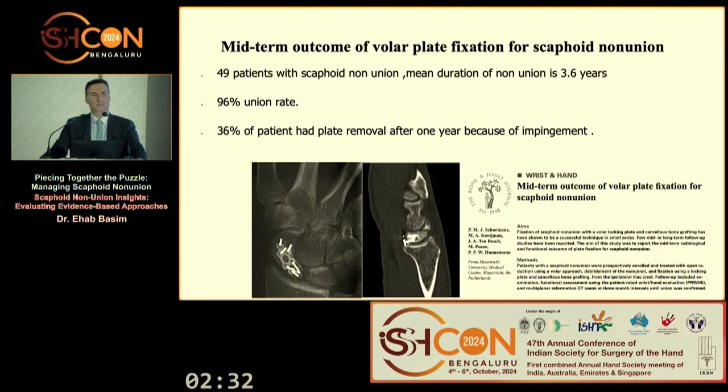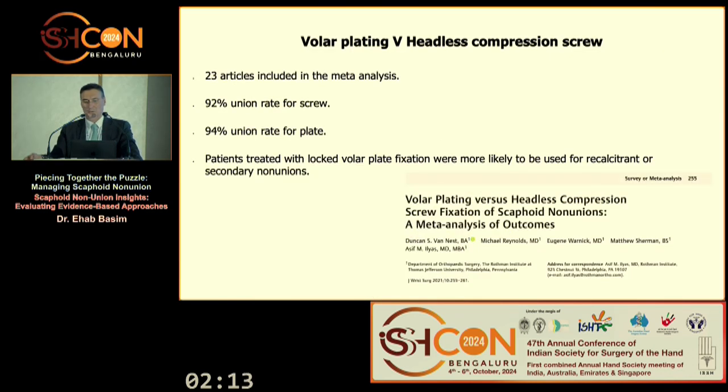Now the plate is becoming, I think, more and more popular. The Maastricht midterm results from the Netherlands are actually excellent, a 96% union rate, but they identified that a third of these plates needed to be removed because of impingement within 1 year.